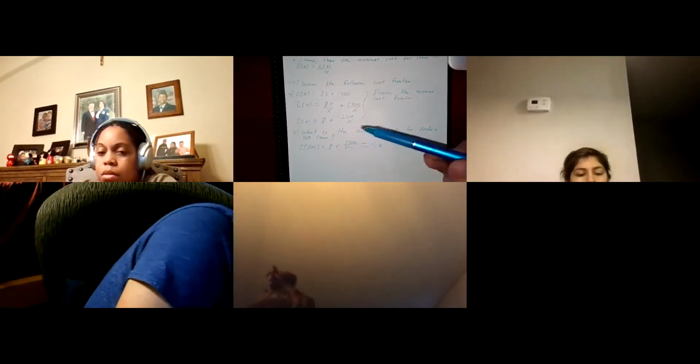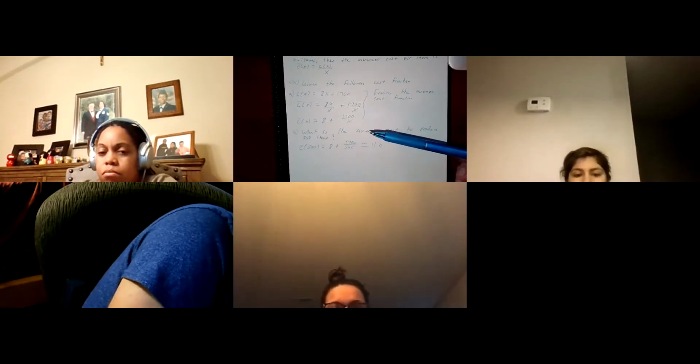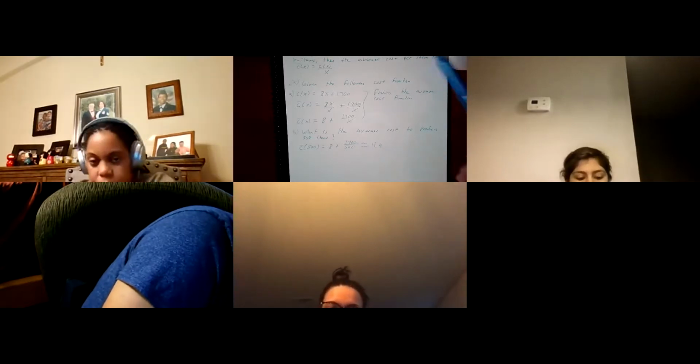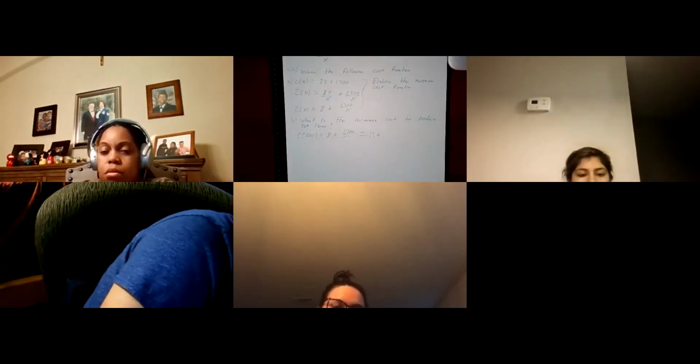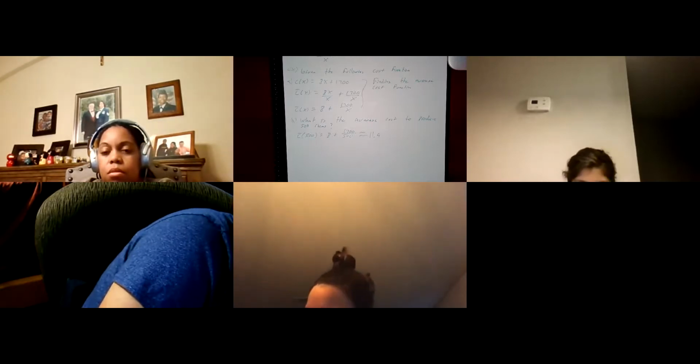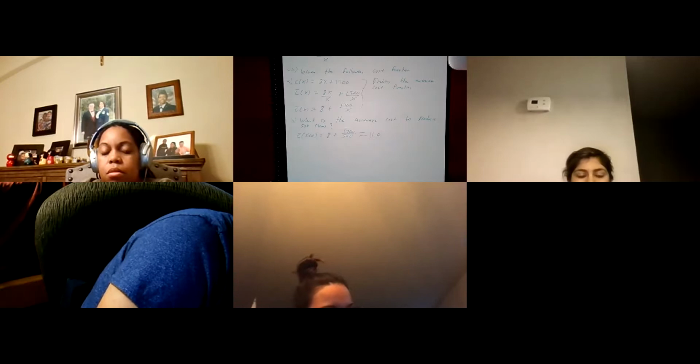So just plug it in. What I recommend is find this first and just plug in whatever number they're asking for, okay? Another way to do it would be to plug in whatever they are asking and then divide your result by that number. If you want to do it that way, you can. It's not a big deal. I did it this way because eventually they're going to ask you, what is the average cost function? I might as well just do it right now.